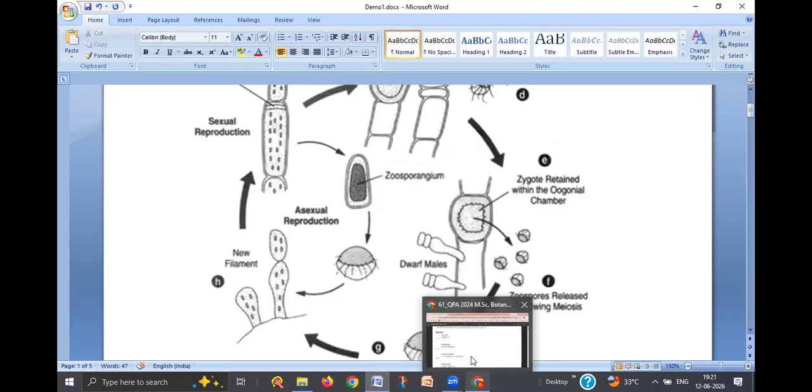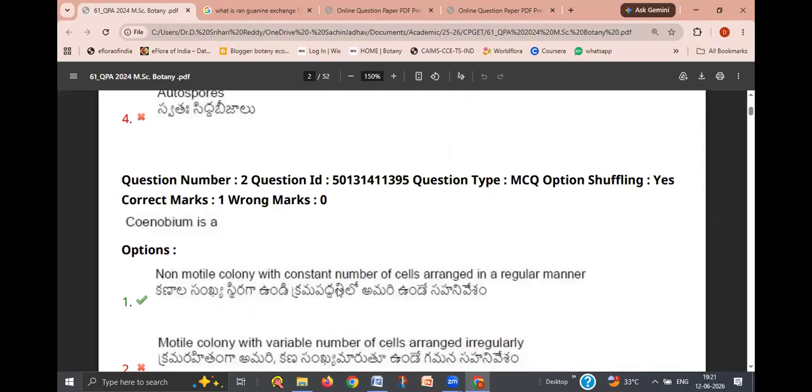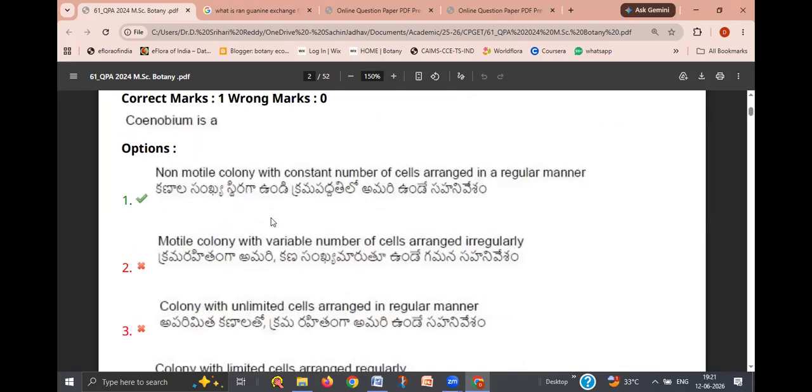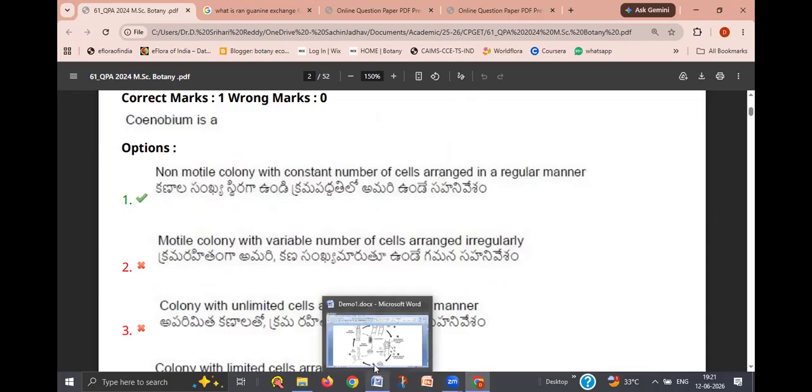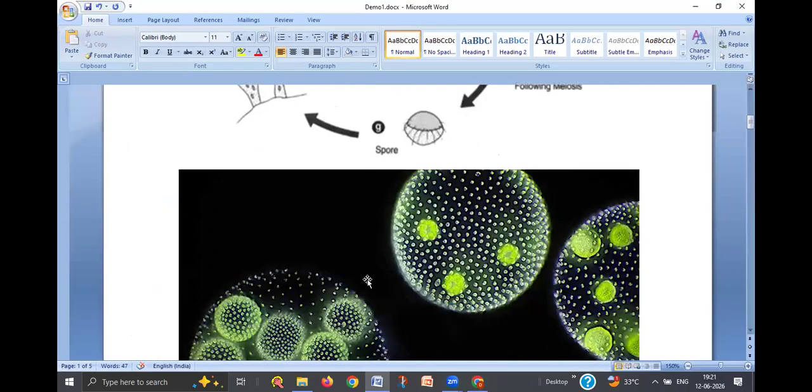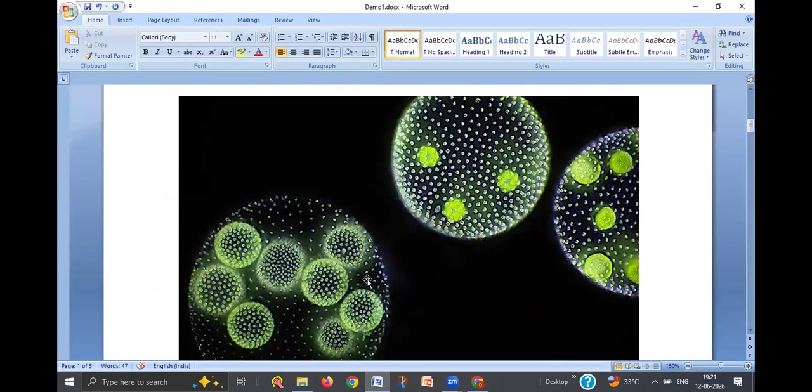And now the second question: cenobium is a. What is a cenobium? It is related to wall wax. Is there a difference between a cenobium and a colony?